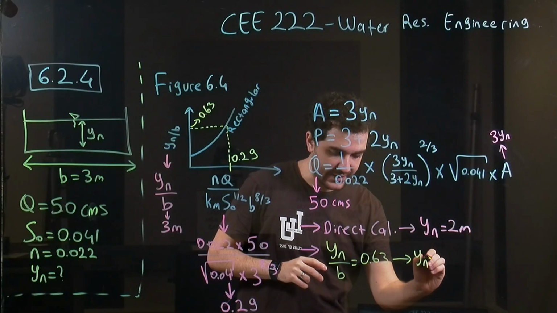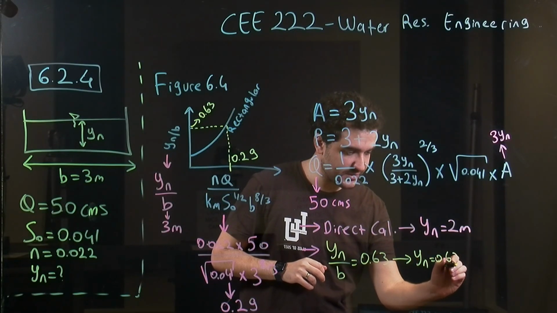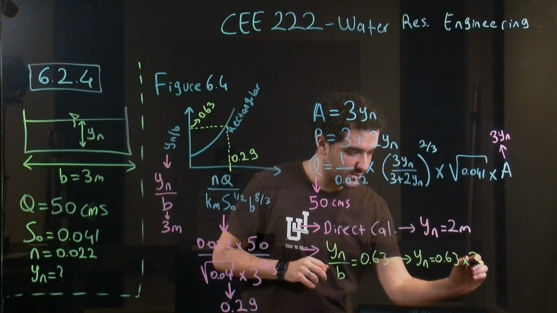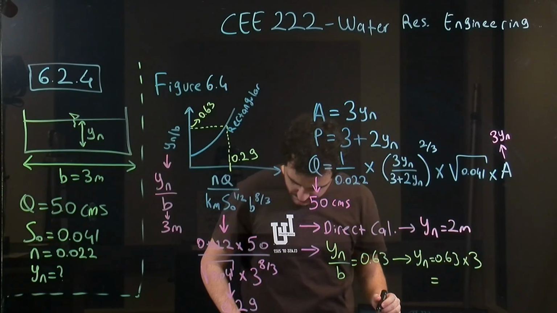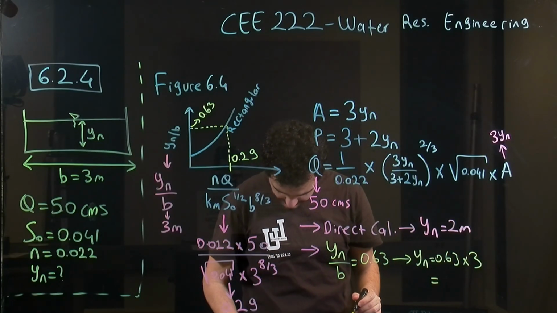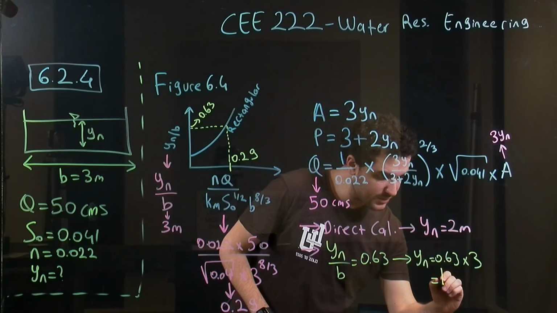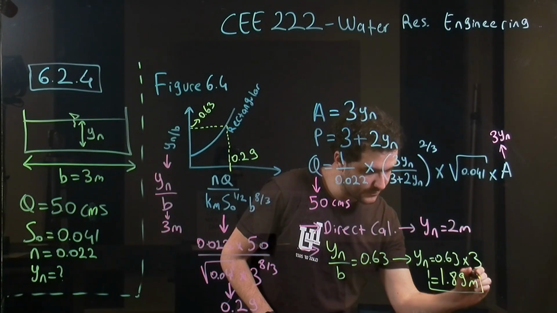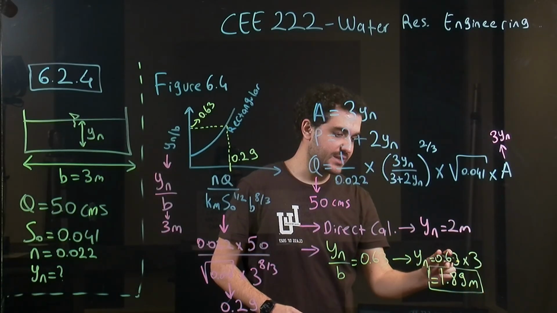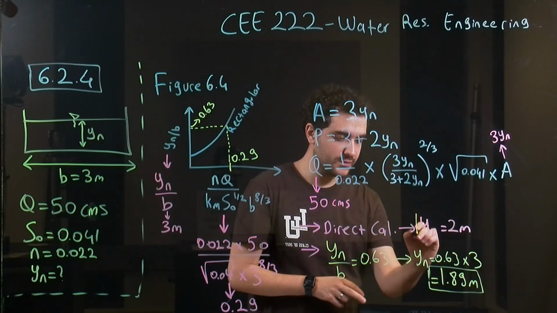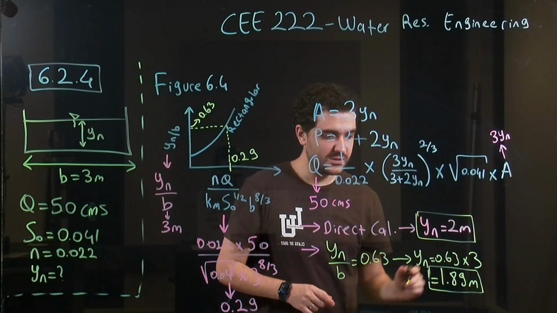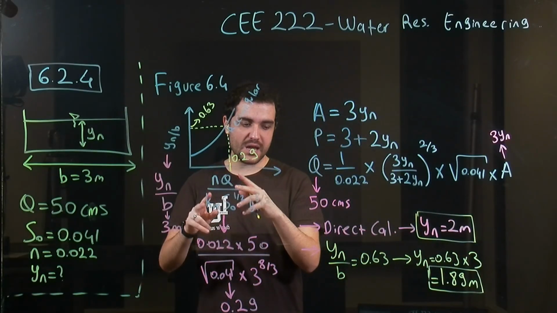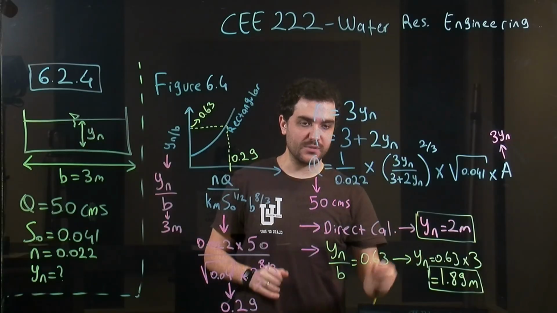So yn is 0.63 times 3, which gives 1.89 meters, and which is actually very close to this value. So basically you will have two different approaches to calculate this normal depth.